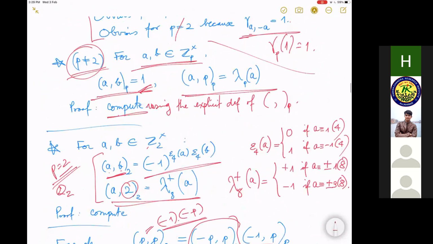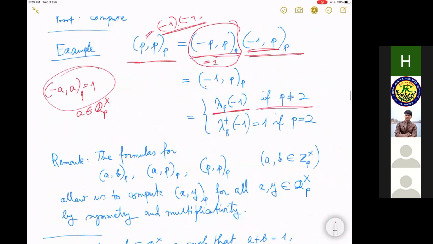Here it is. So when A is equal to minus 1, I'll get (minus 1, P) is equal to lambda P of minus 1, right? That's what I've written here.